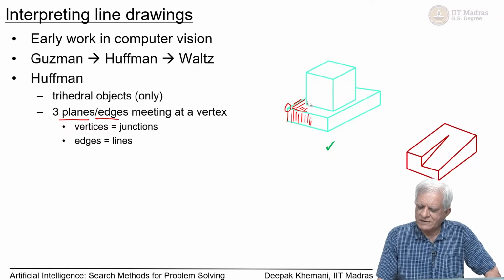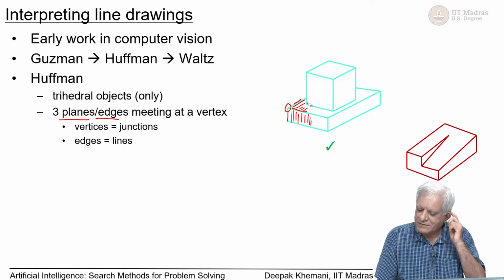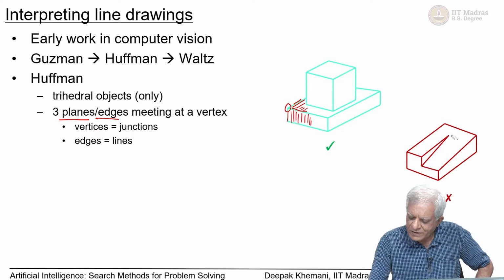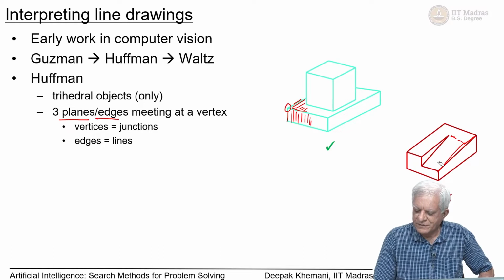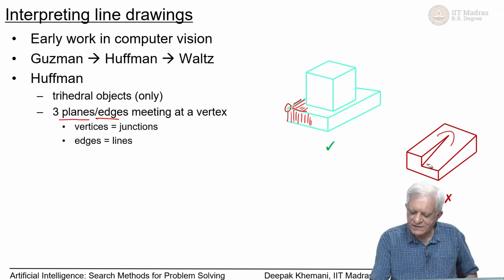If you try to visualize this object, you can see that the top surface is not one plane, but on the other hand, if you had drawn a line somewhere here and this was a little bit different, then it would be a trihedral object, because as the figure is given to us, this is not a plane, there must be some curvature in this region, so that this part is ending lower than this part essentially.